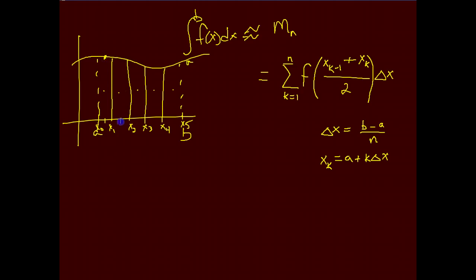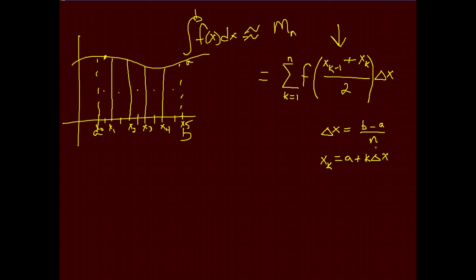And we're going to do the same for that, find the midpoint there, find the midpoint there, and so on. We're going to evaluate our function at all those midpoints. That's what this is saying right here: evaluate the function at those midpoints, and then multiply by delta x. Now, let's remember, what is delta x? That's the width of our interval divided by the number of subintervals.